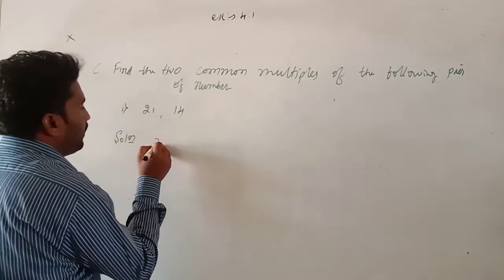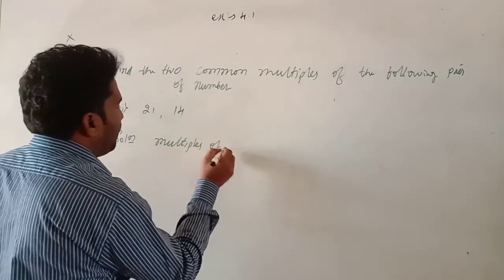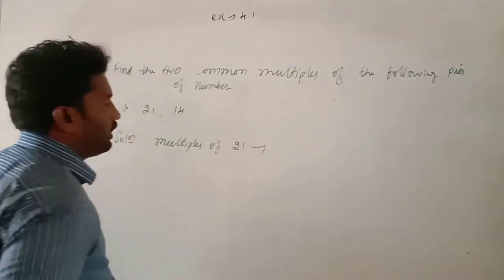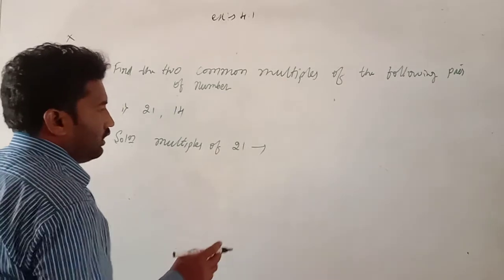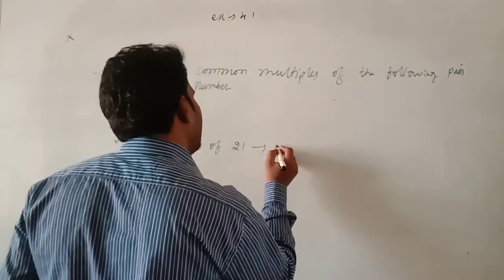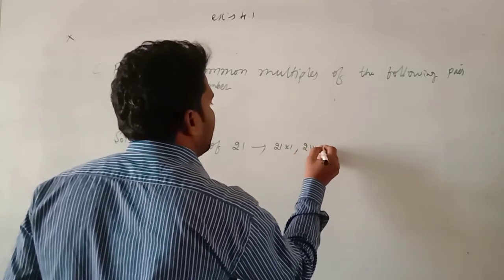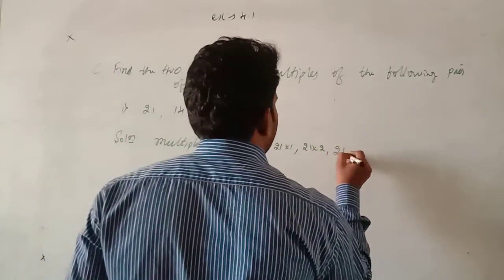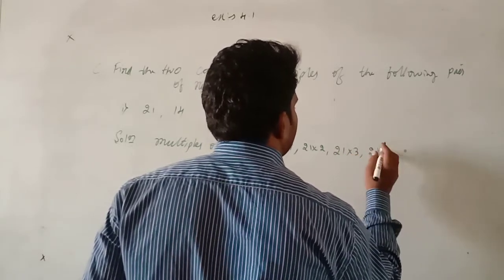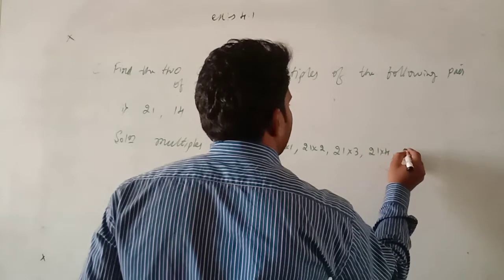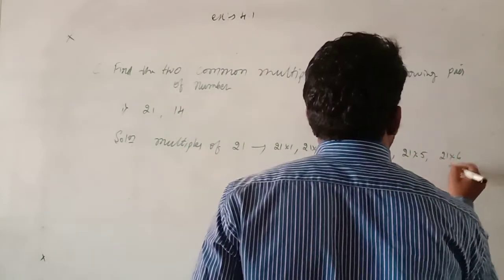So the multiples of 21. Multiple means we have to multiply the number by 1, 2, 3, 4, 5, 6.